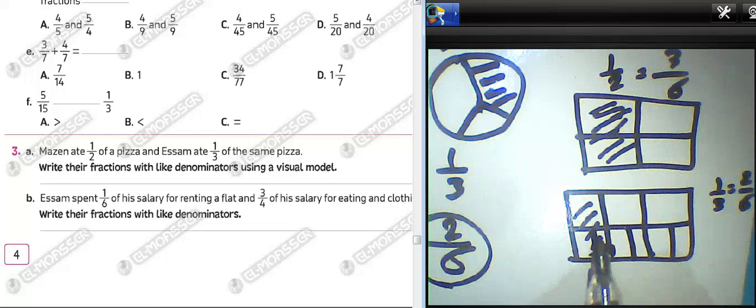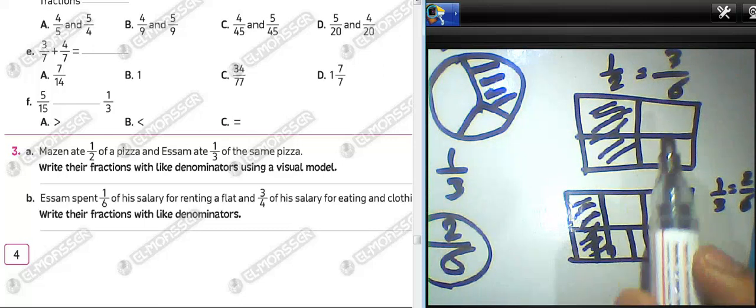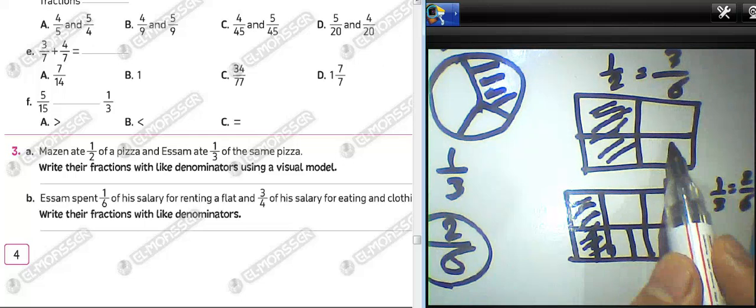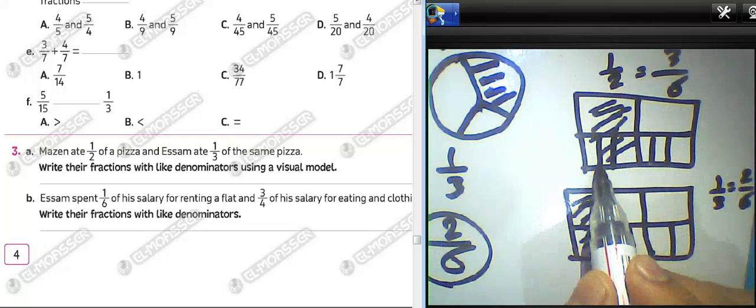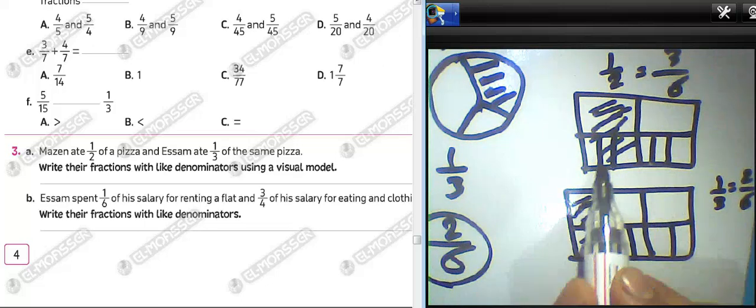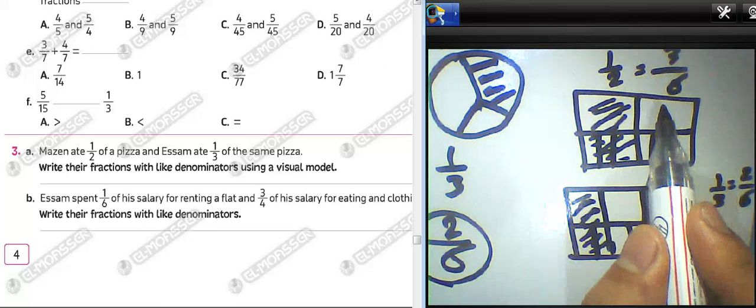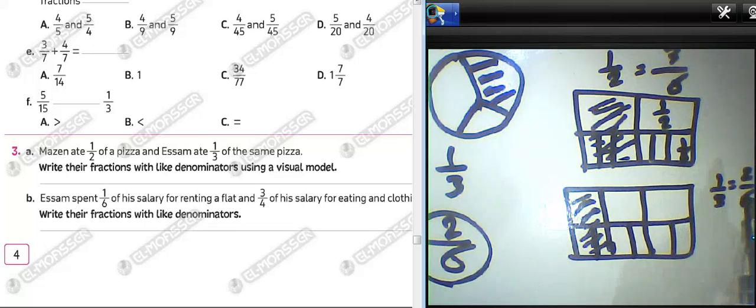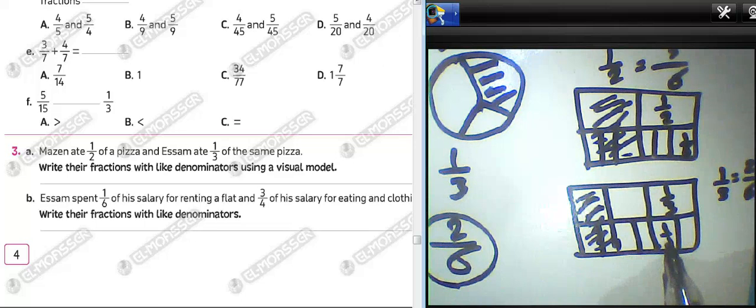We colored all this part, and here half converted to 3/6, so we must divide it down here into 3 parts and write inside one of them 1/6, and here 1/3, and inside one of them equals 1/6.